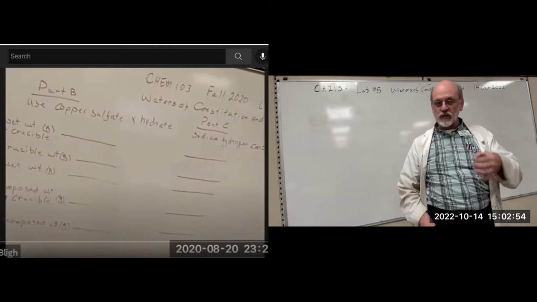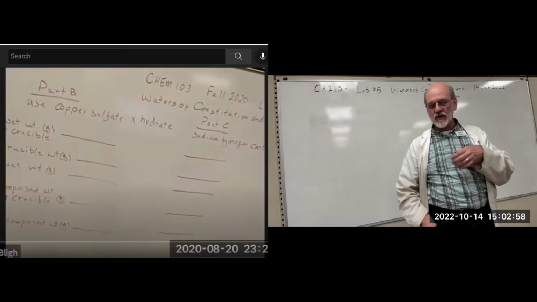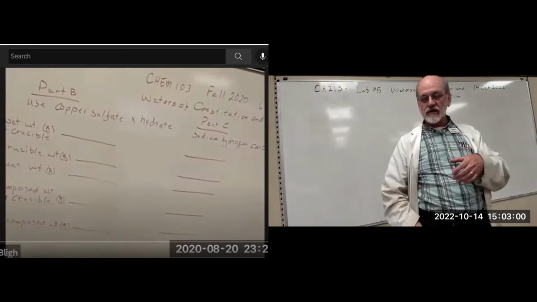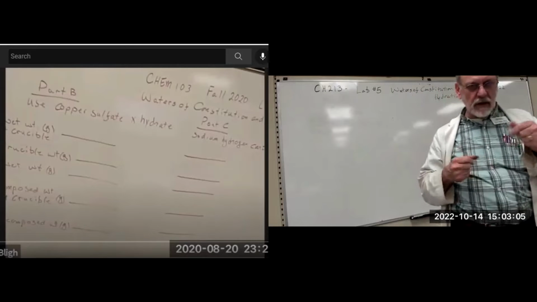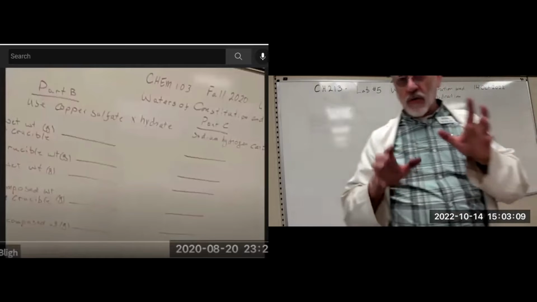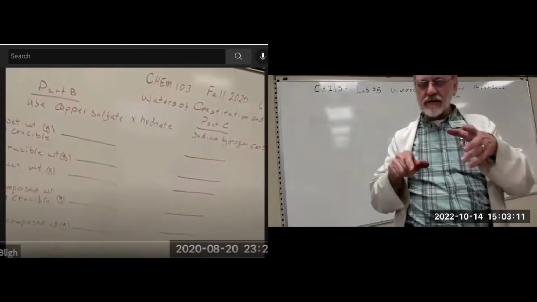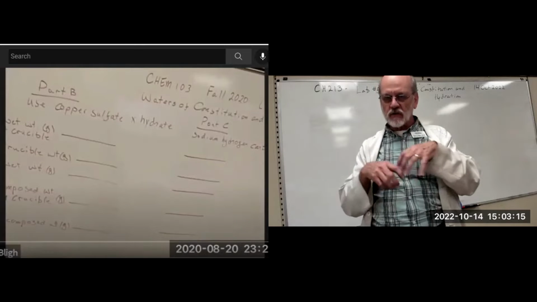Because you say, this was done, this was done, this was done. And you don't have to say that I did this or the instructor did this. You just say it was done. Okay, so that's what you'll look at in order to get the information you need to write the report.